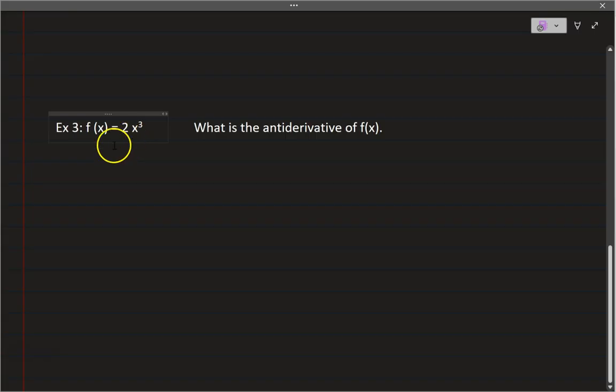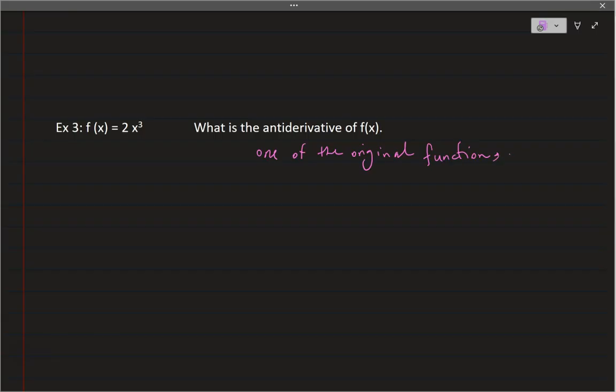So the derivative is given by this function f of x equal to 2x cubed. We want to know what is the antiderivative of f of x. That means we want to know what is one of the original possible functions.